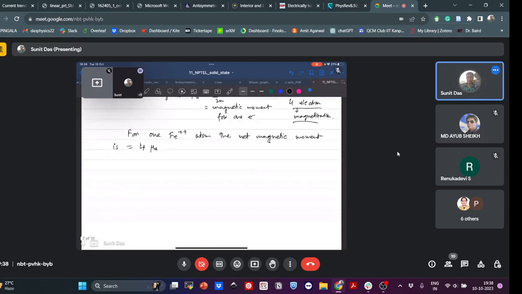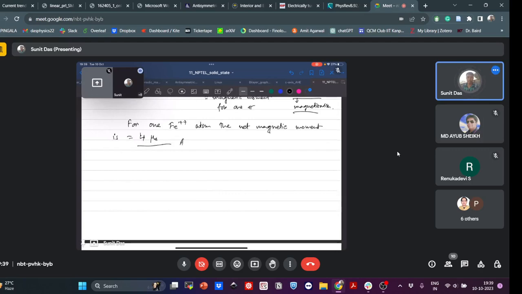So this is the net magnetic moment per atom, and this is one answer. Then we need to find the total magnetization.